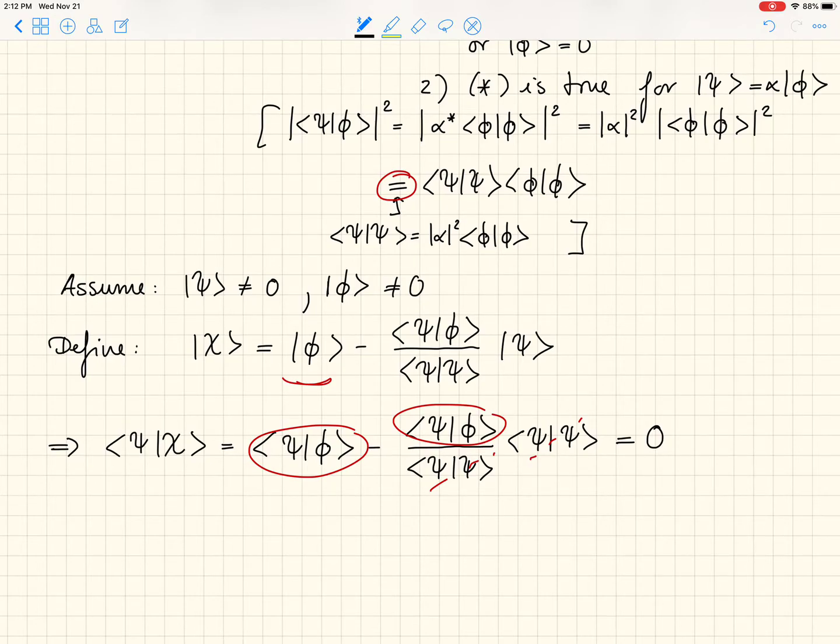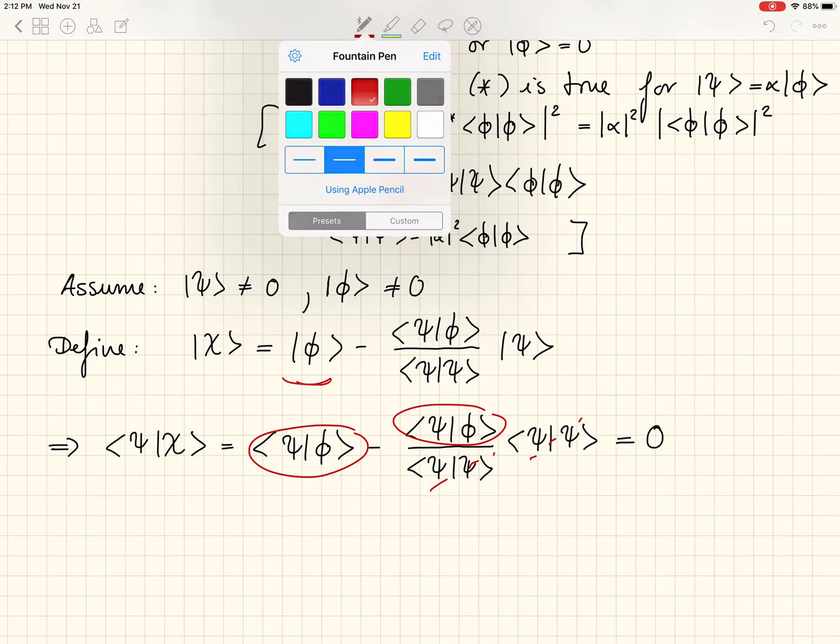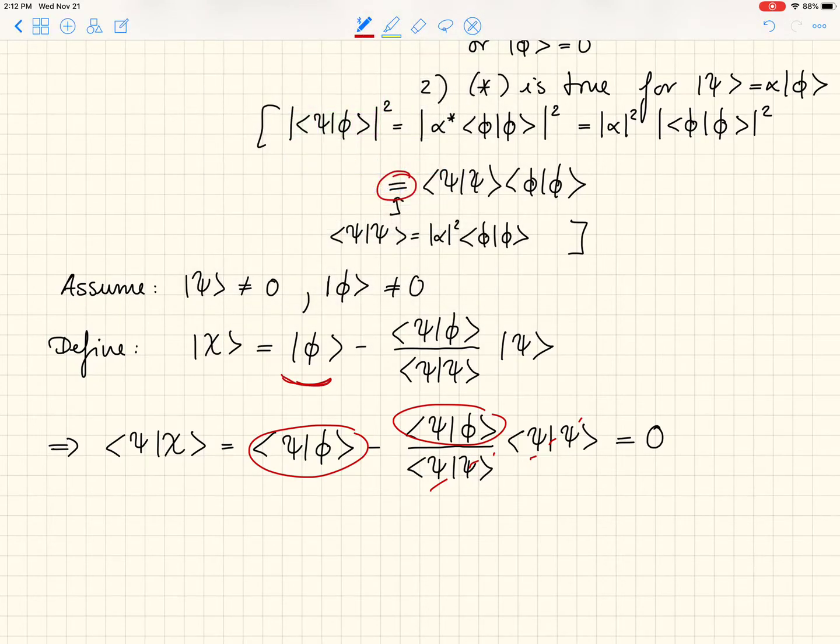And this is because chi was equal to phi, but I had already subtracted all the parts of phi that were parallel to psi. So then I've constructed a vector or a quantum state that is orthogonal to psi. Okay. Why is this helpful?